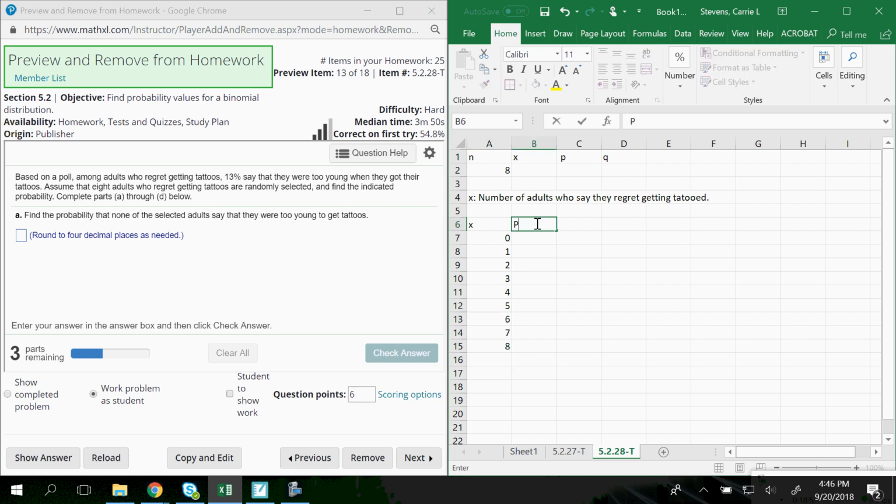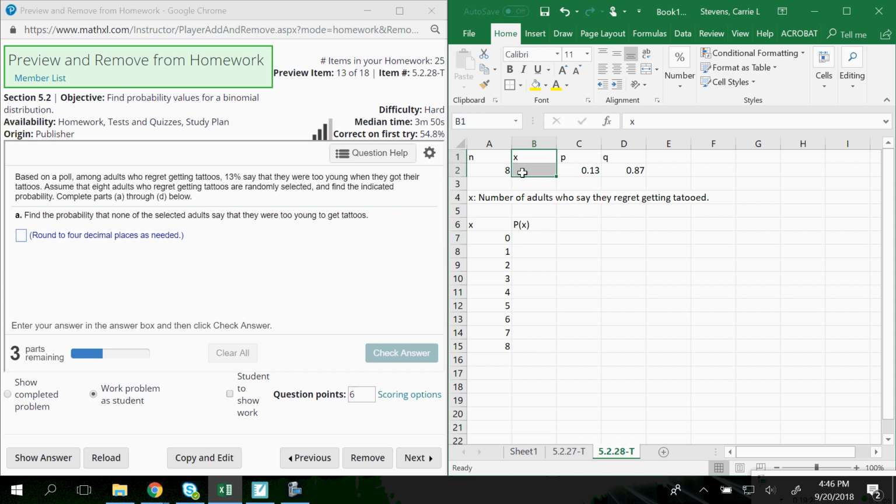And then my probability of X, since it's a yes or no question, with a fixed number of trials and independent events, the probability of success, 13% say they were too young. So let's go with 0.13 as our probability of success, someone saying they regret it. And then q is 1 minus p.